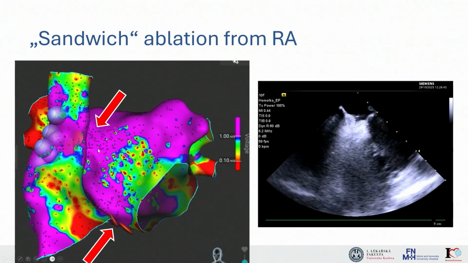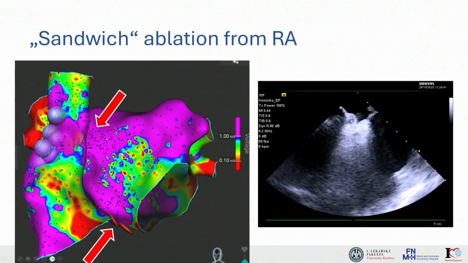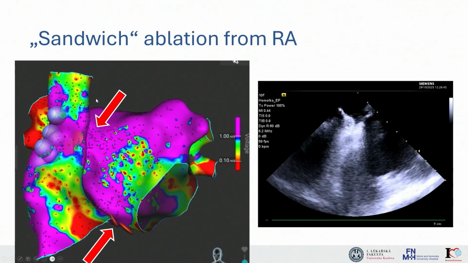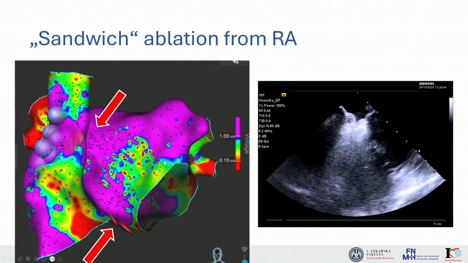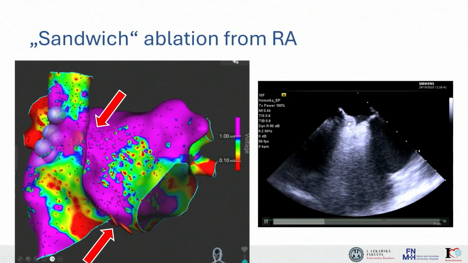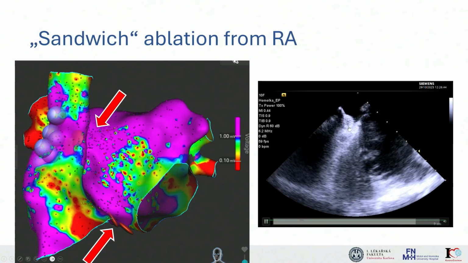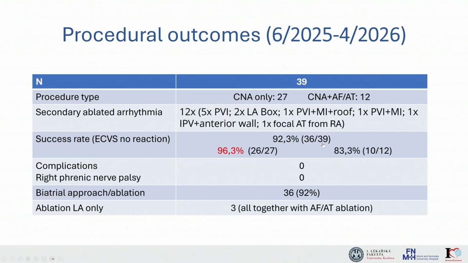And this is the final set, or maybe a different view in the same patient, and as I told you, we normally do this kind of sandwich ablation. It's visible again, the right-sided location of the catheter on the pyramid region.